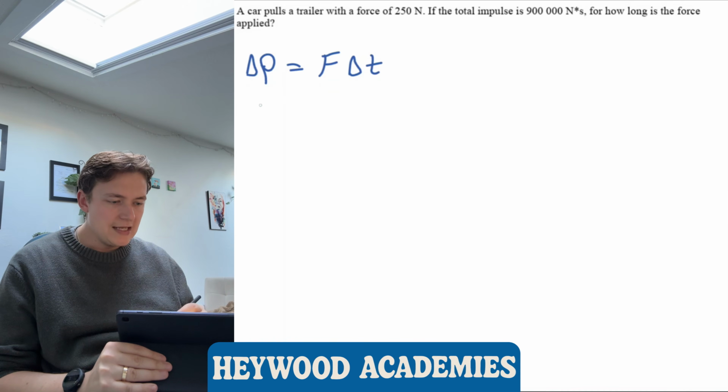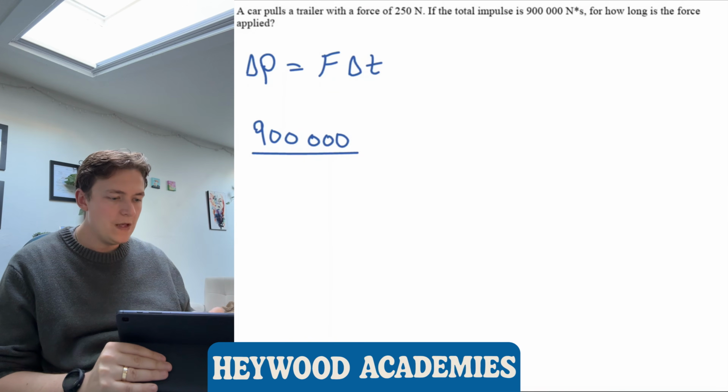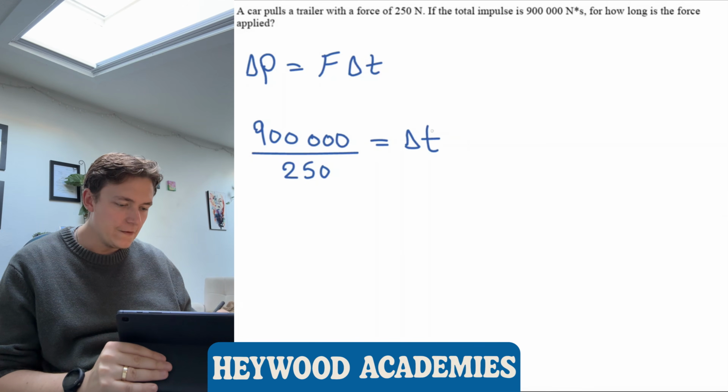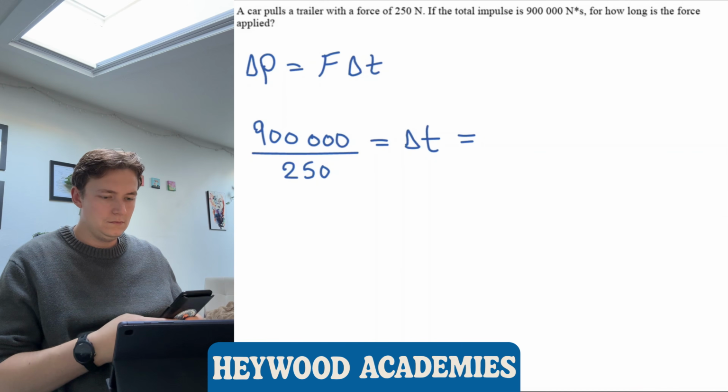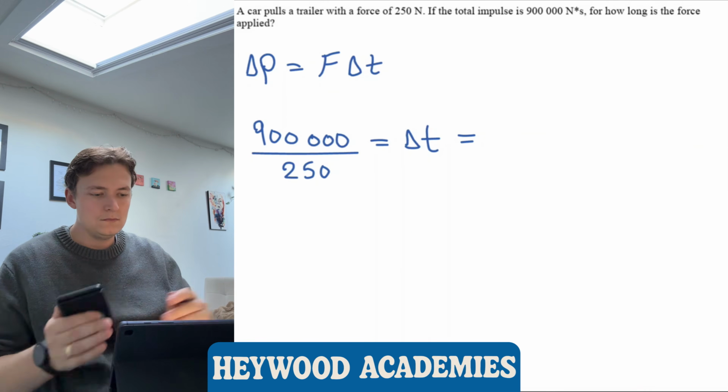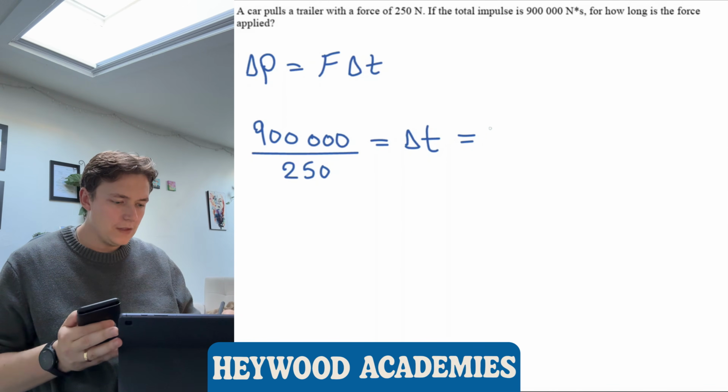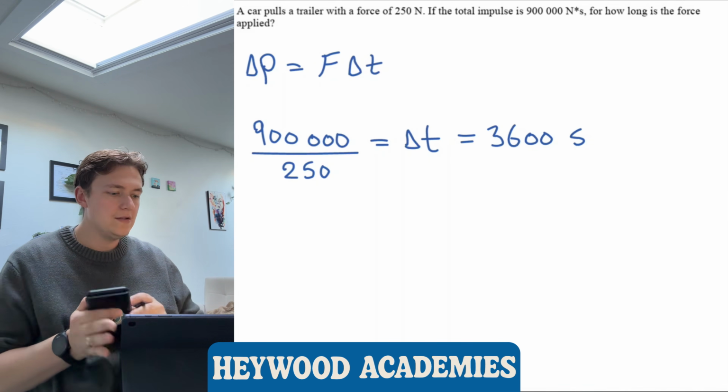So we just need to take that 900,000 newton seconds of our impulse and divide that by 250 for the force, and that will give us our value for the change in time. Okay, so that gives us a long time, 3,600 seconds.